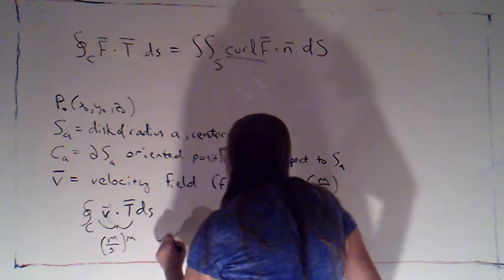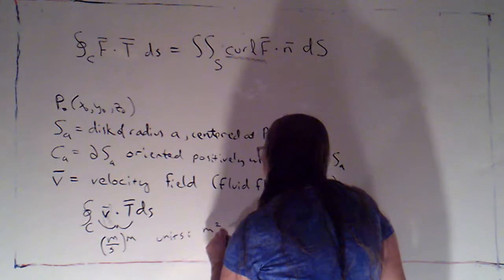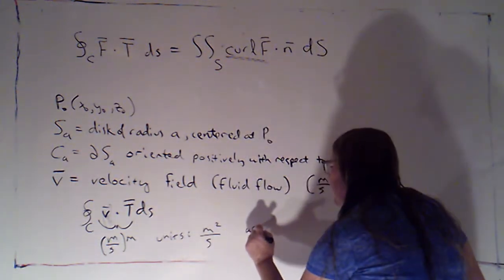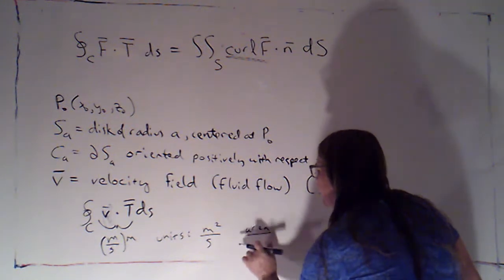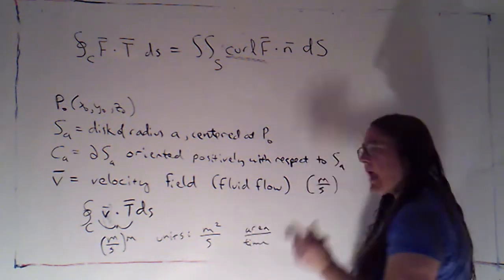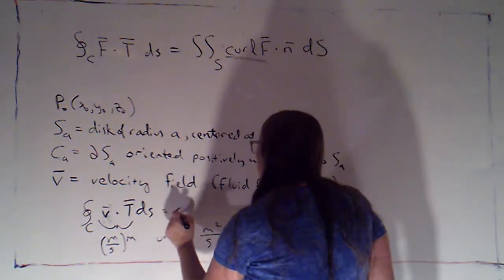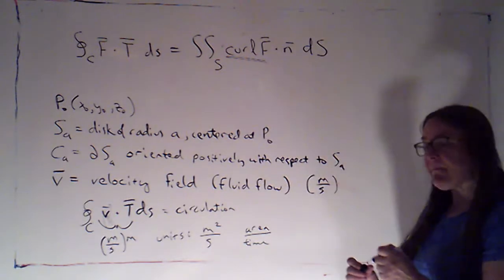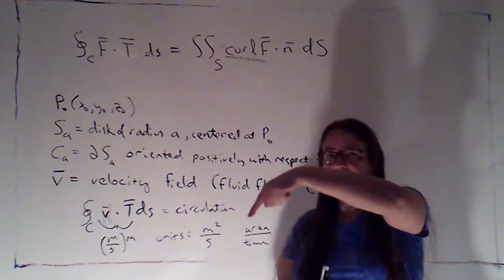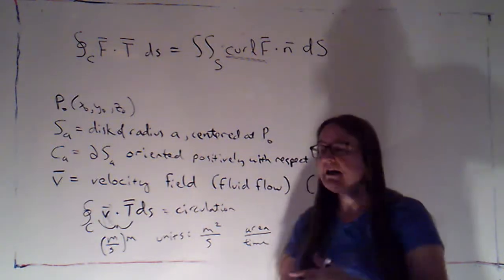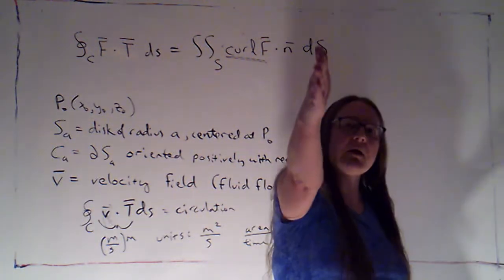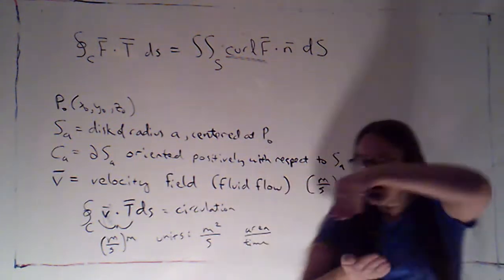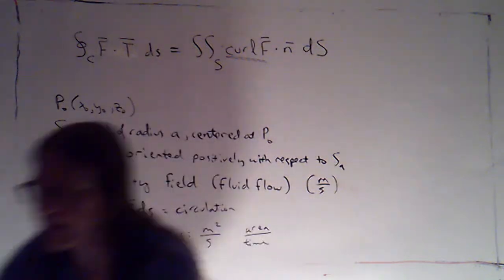So the units I'm getting are square meters per second. So it's measuring area per unit of time. And when we've got that, we call this integral the circulation. Essentially, if my vector field is causing things to spin at all, then some of the liquid, rather than just flowing past, will spin around, and it's measuring the amount of area of liquid that's going to get caught spinning around.